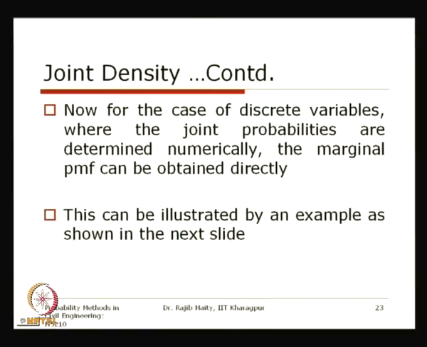Now, if we take the case of discrete variables, where the joint probabilities are determined numerically and concentrated at specific points, the marginal PMF can be obtained directly. How we do it will be better explained through one example.